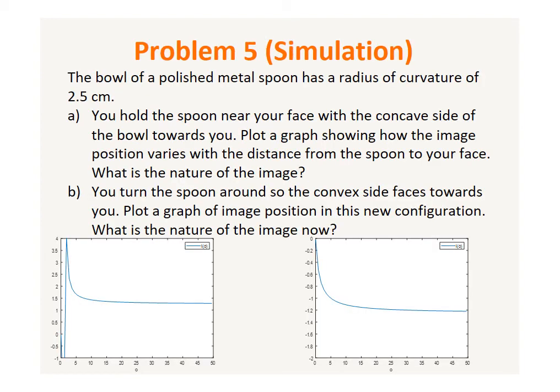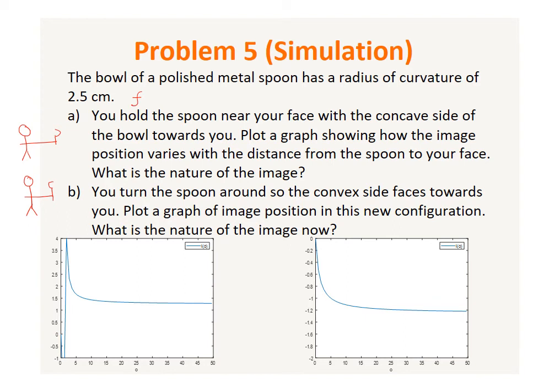Now in this problem you'll be doing a simulation of what would happen if you were to use a spoon as a mirror. In part A, you're going to hold the spoon so that the concave side of the bowl is towards you. In the second part, you're going to turn the spoon around and now the convex side is towards you. Now, to solve where the image is located, you need to know what is the focal length of this spoon mirror.